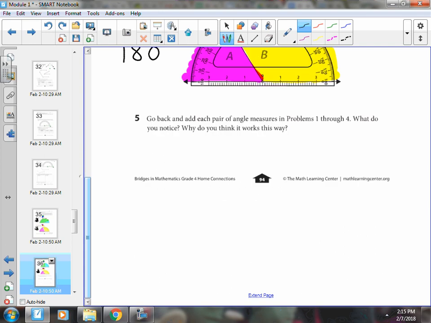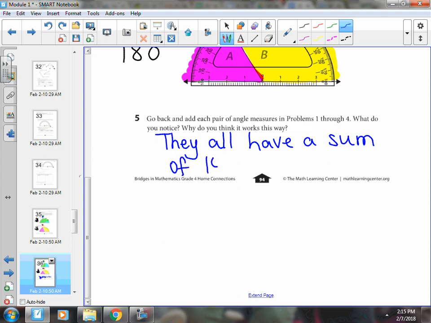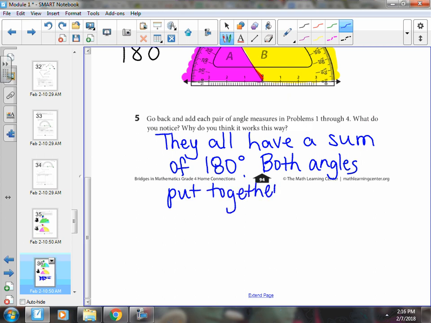So number 5 says, go back and add each pair. What do you notice? So my answer is they all have a sum of 180 degrees. Why do you think it works this way? I might say something like both angles put together are a straight angle. And of course, a straight angle is 180 degrees.